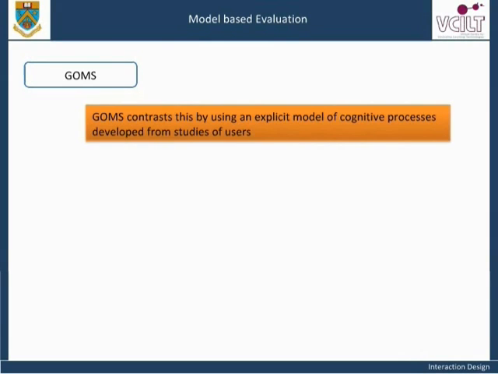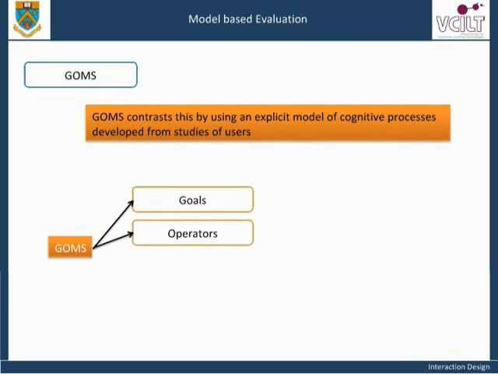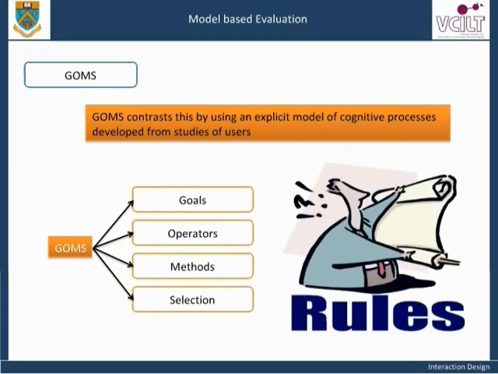GOMS contrasts this by using an explicit model of cognitive processes developed from studies of users. GOMS itself stands for Goals, Operators, Methods, and Selection Rules. See Unit 7. The quantitative predictions of execution time produced by GOMS can be used to compare designs.